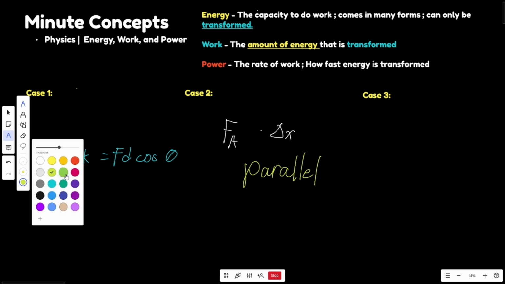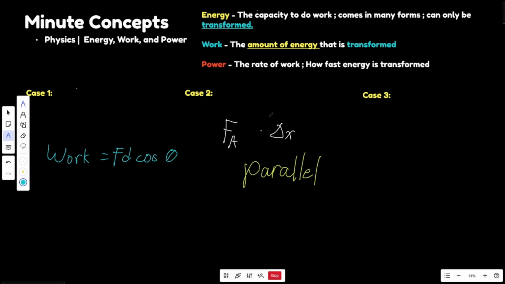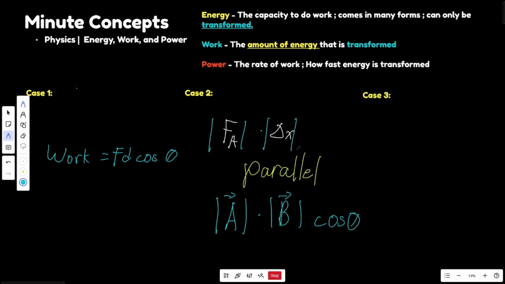So the dot product is described by this formula: the magnitude of vector A times the magnitude of vector B times cosine theta, the angle that connects the both of them. So from this, we can see that we can transform the original equation this way.